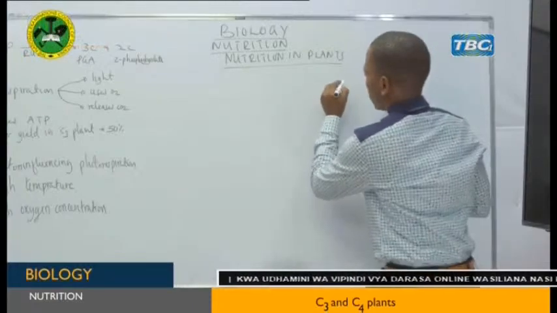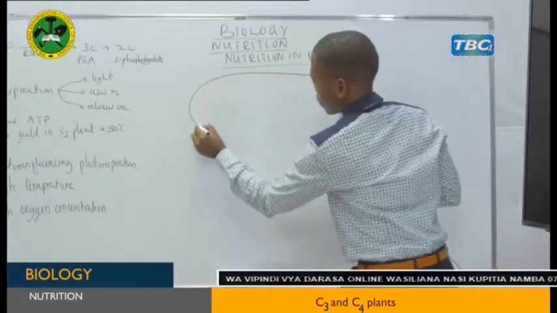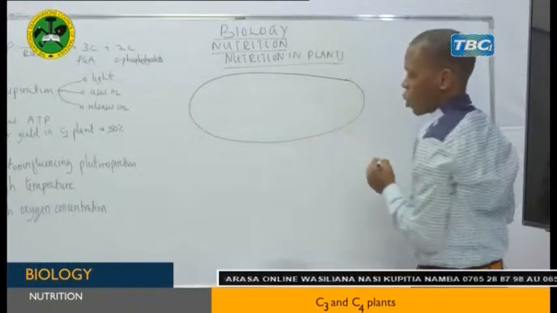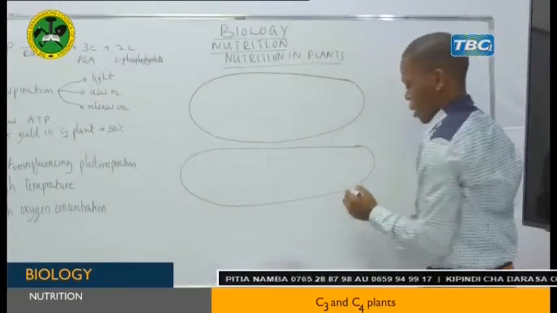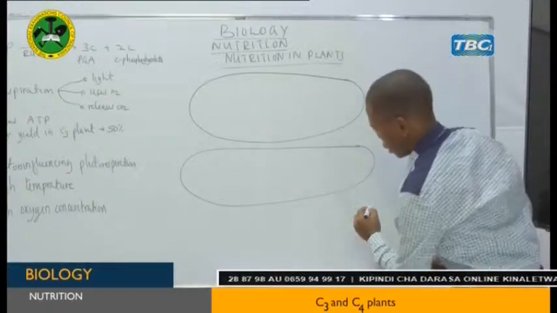Therefore, we have the first organelle here, the chloroplasts, then leaf peroxisomes.